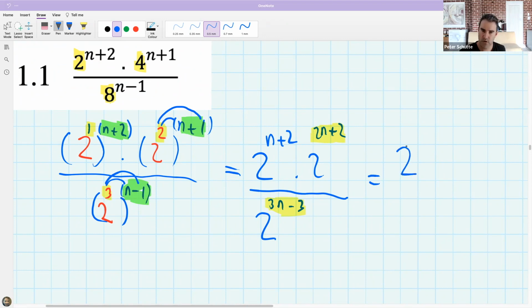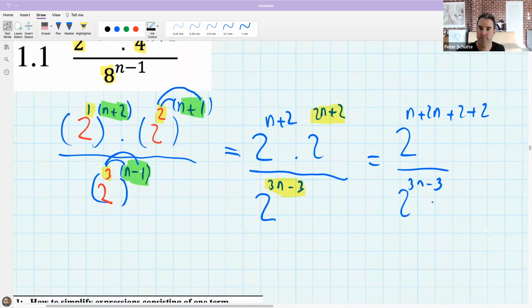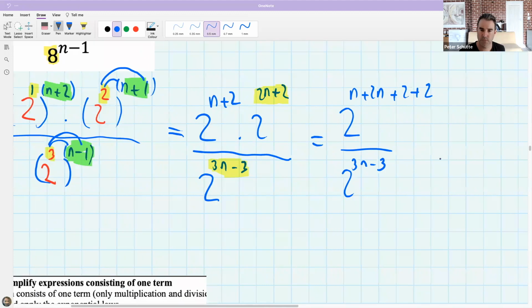So on the top, what do we have now? We have 2 to the 3n plus 4 over 2. What do we still have to do now?